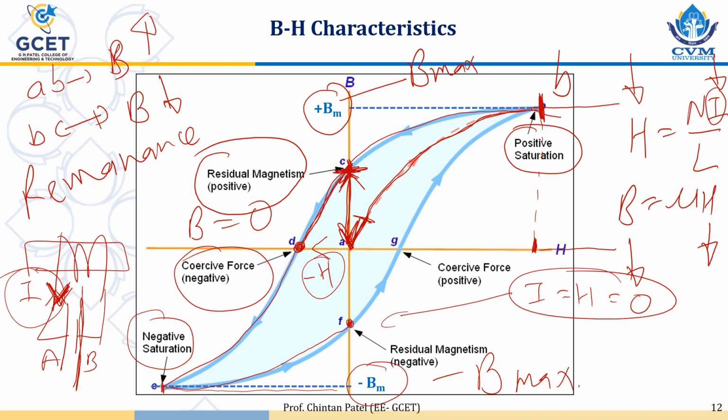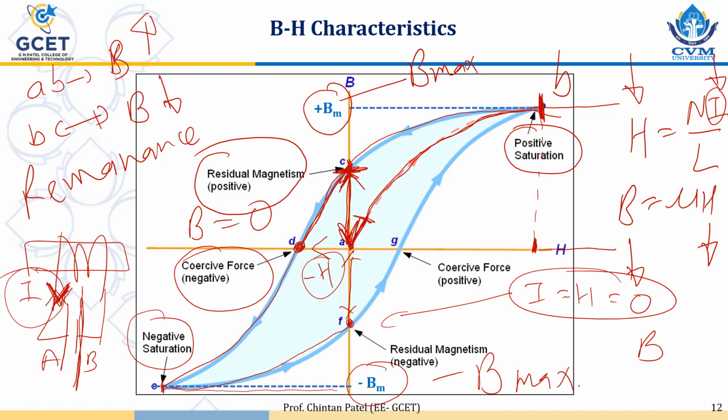But magnetic flux density B is not 0. It is having some negative value. So this is known as residual magnetism in negative direction. In earlier, this AC component is residual magnetism positive. This AF is residual magnetism negative.